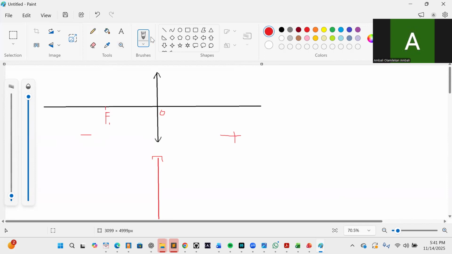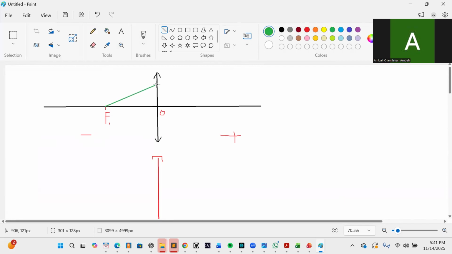So now the point of origin of rays, which after striking the lens becomes parallel. You can see the rays are coming from here. That's the F1. After striking the lens, it becomes parallel. The rays are divergent, and the lens just makes them parallel.